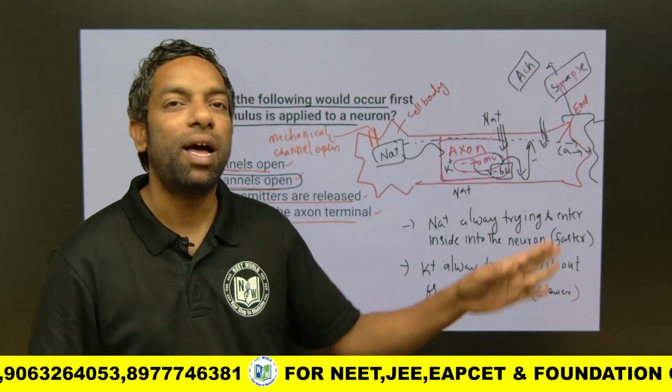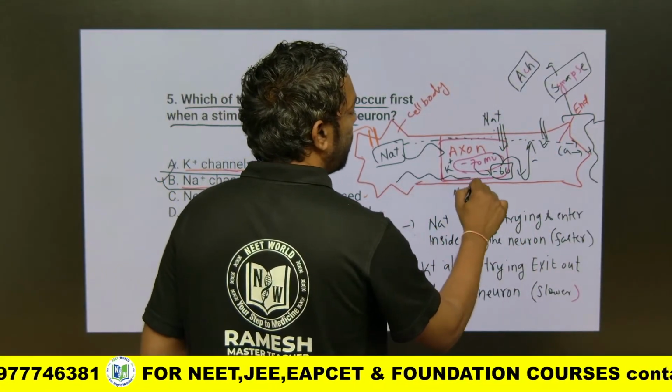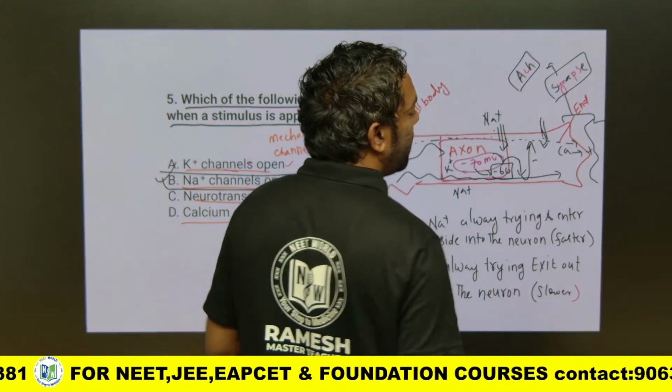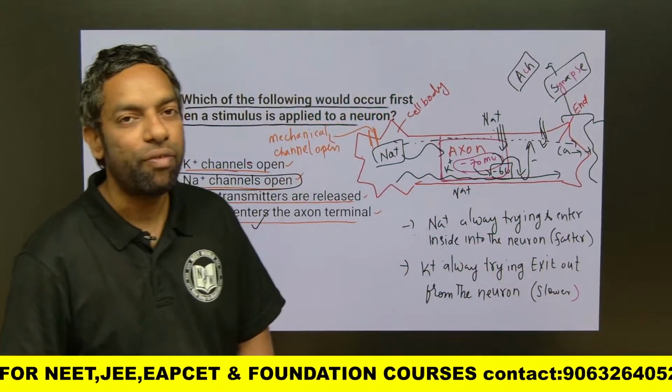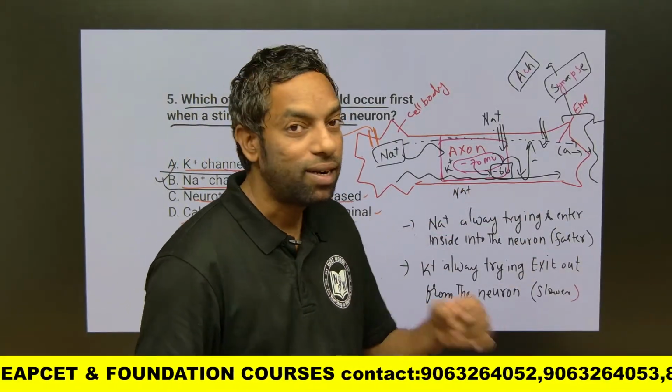There is an imbalance of charges and a wave pattern takes place. The signals are carried forward through the axonal membrane.